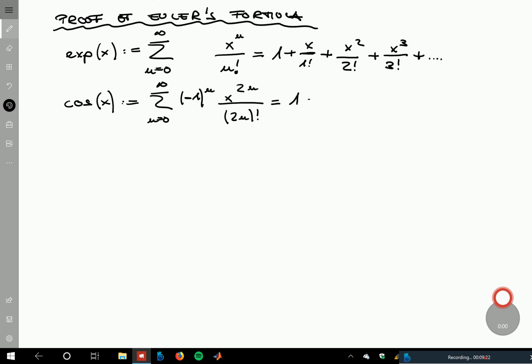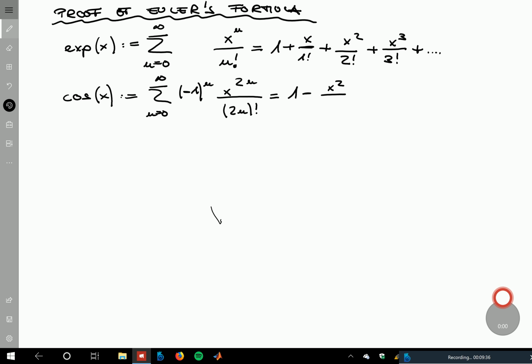That's 1 minus x squared. So when n goes up now from 0 to infinity, we only see the even terms here. So x squared, then divided by 2, so that's the case when n equals 1.